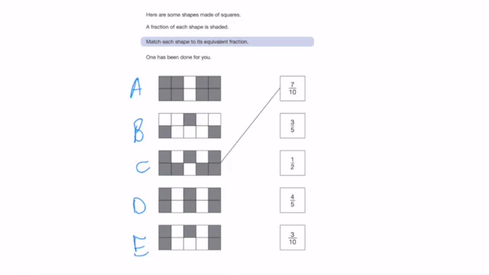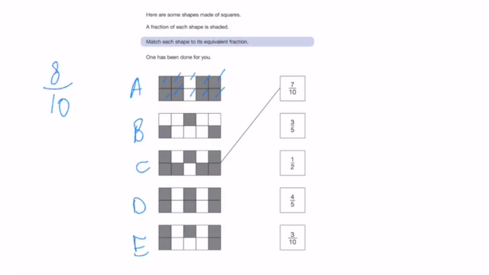Okay, let's do this together. So for the first one, I need to count how many parts there are. 1, 2, 3, 4, 5, 6, 7, 8, 9, 10. There are 10 parts. And shaded, there are 1, 2, 3, 4, 5, 6, 7, 8. And there are 8 shaded.